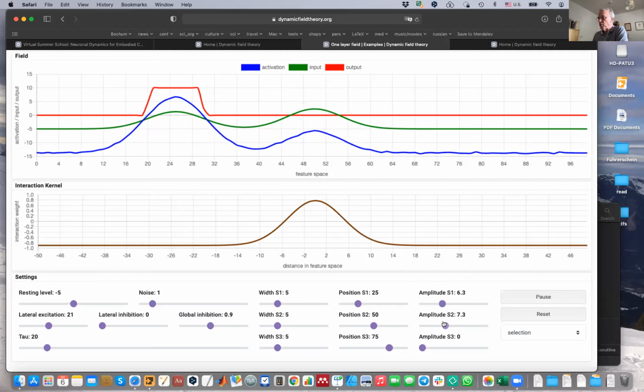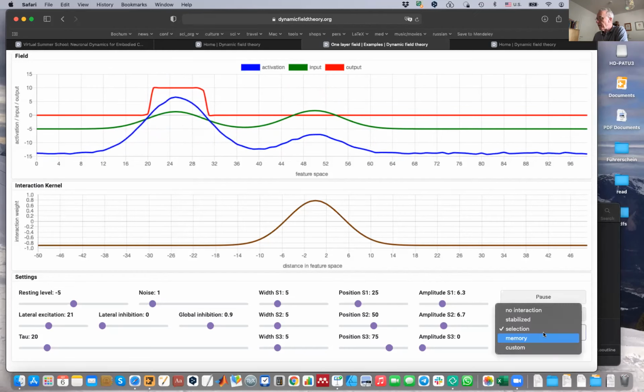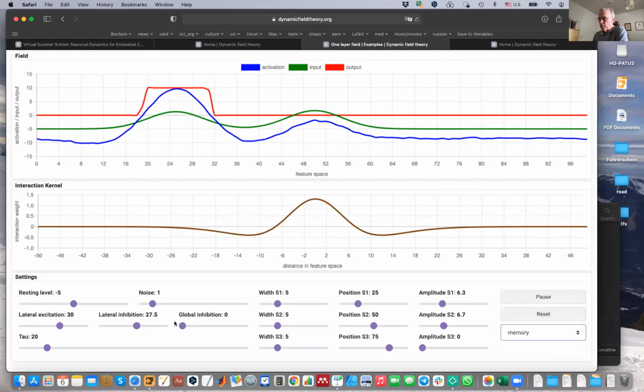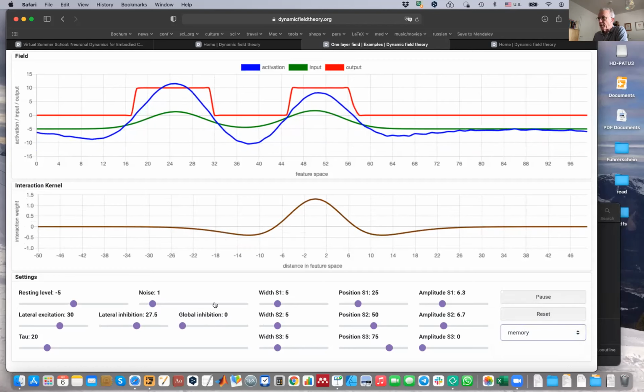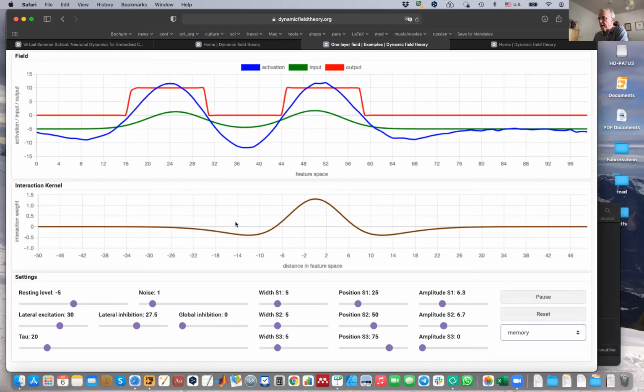Should say that it's also possible to have multiple peaks. This is a case where there is a lot of global inhibition. I can do that by, maybe like this. And this was actually not what I wanted, but it is an example of that.